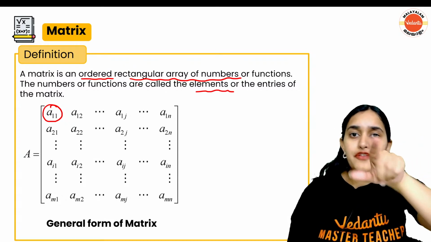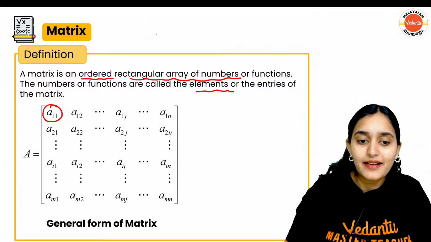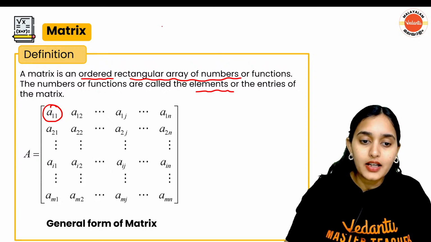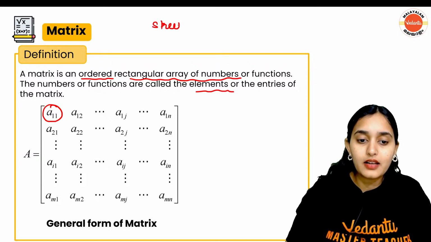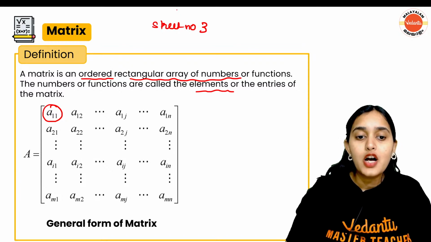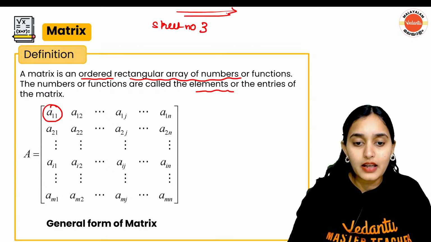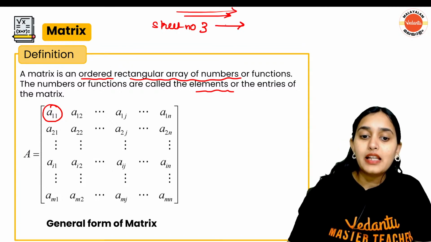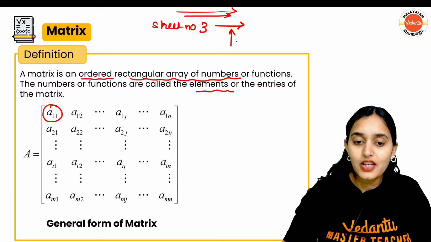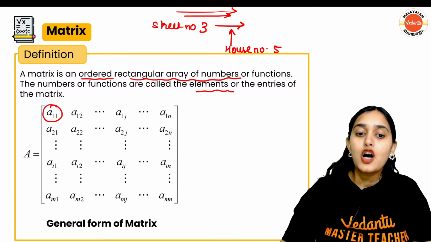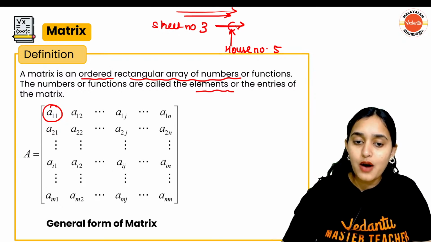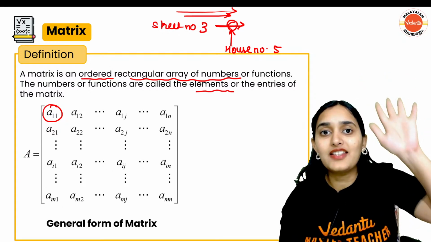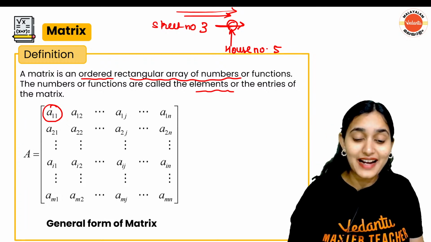How do you find your address? You'll say street number 3. So we will go to street 1, street 2, street 3. Then on street number 3 you will say your house is house number 5. So you go to street number 3, house number 5, and we will reach your house. Like that we tell our address, right?